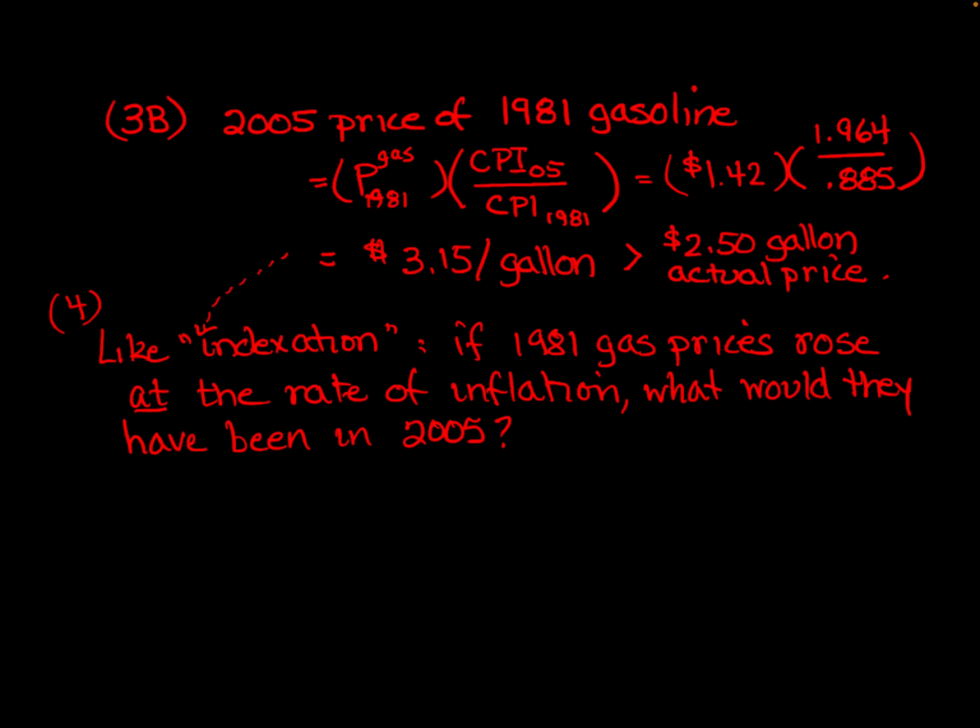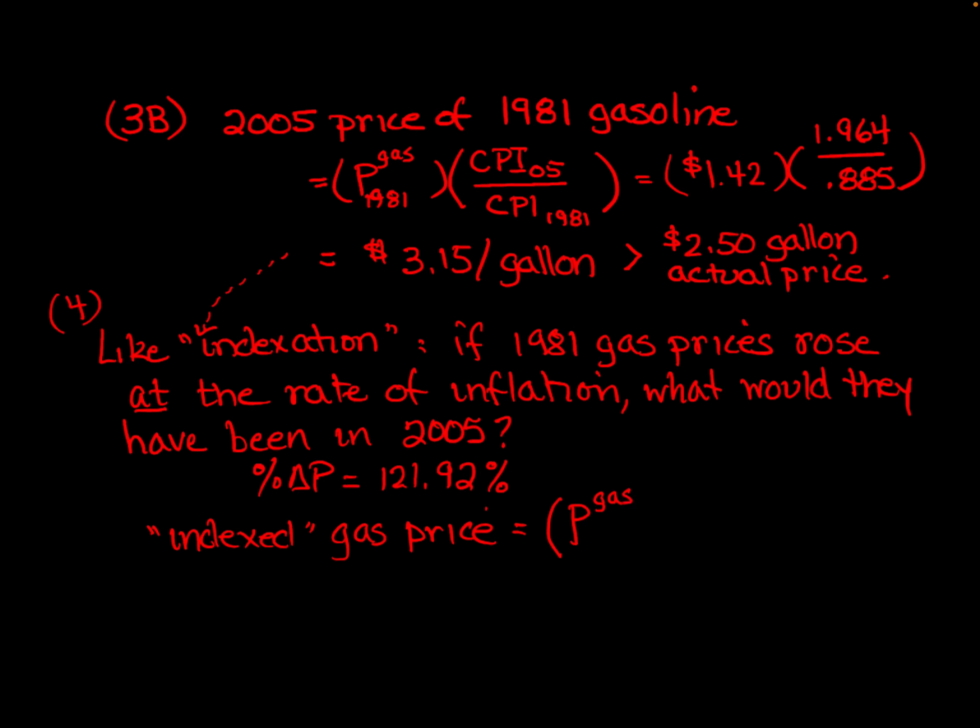We know that the rate of inflation, so the percentage change in P we calculated from before, was 121.92%. So the indexed, if you will, gas price would be, again, the price of gas in 1981 times 1 plus the inflation rate.